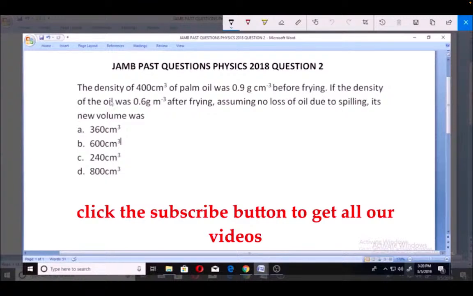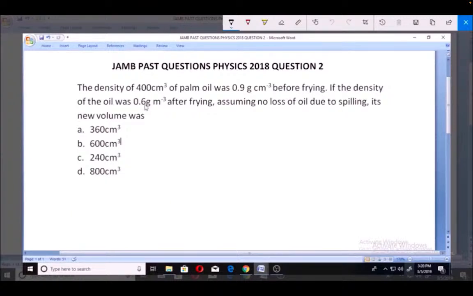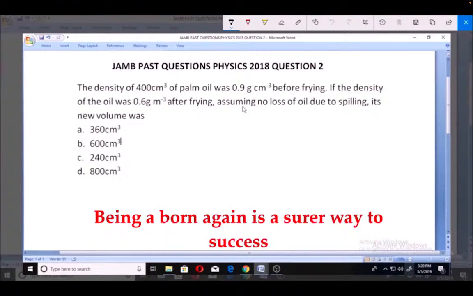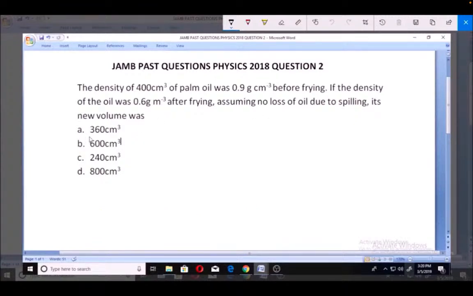If the density of the oil was 0.6 gram per cm cubed after frying, assuming no loss of oil due to spilling, its new volume was A. 360 cm cubed, B. 600 cm cubed, C. 240 cm cubed, D. 800 cm cubed. So how do we go about solving this?